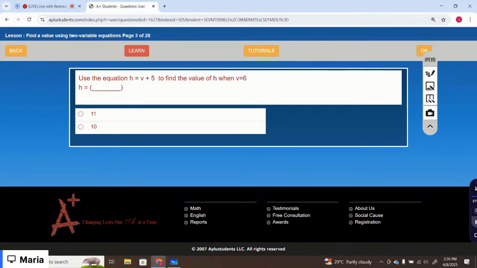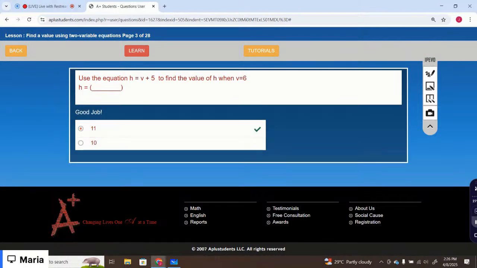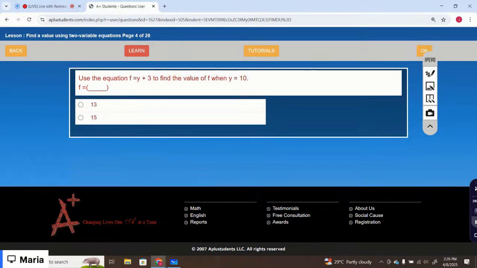That is 6 plus 5 equals 11. Option number 1 is the correct option.